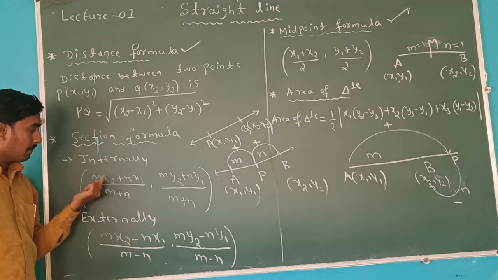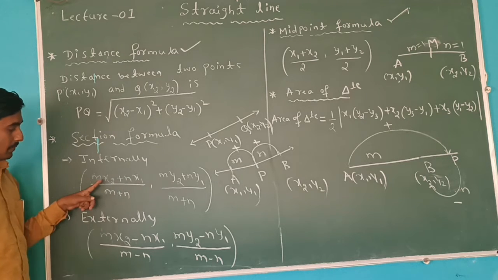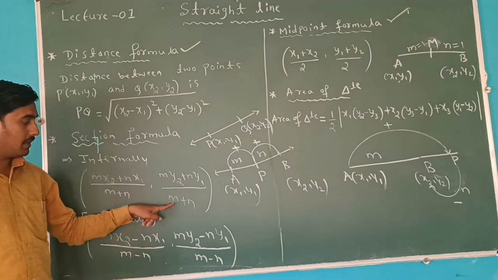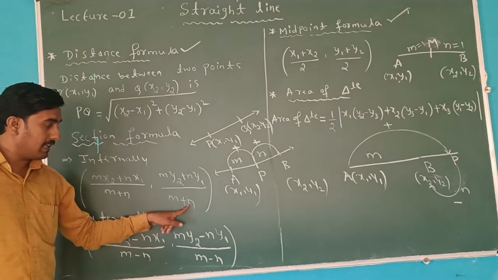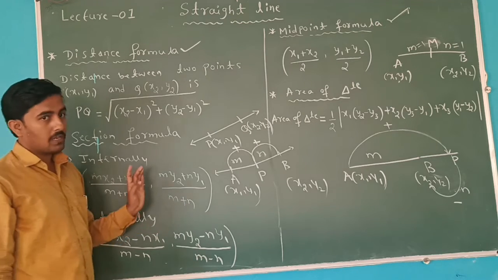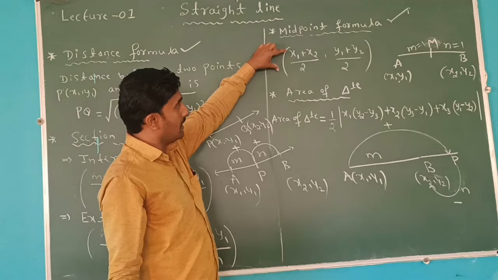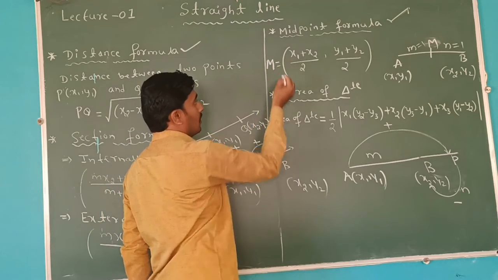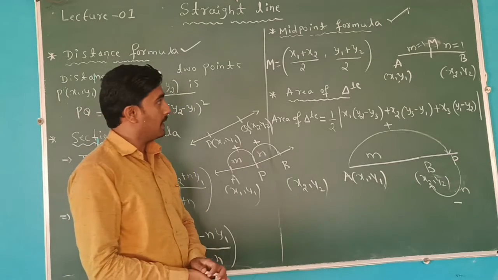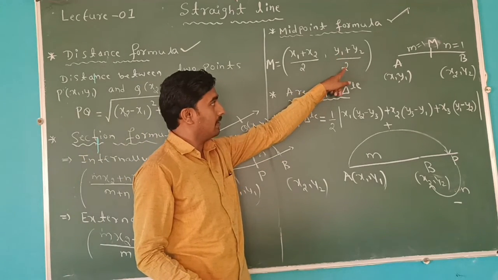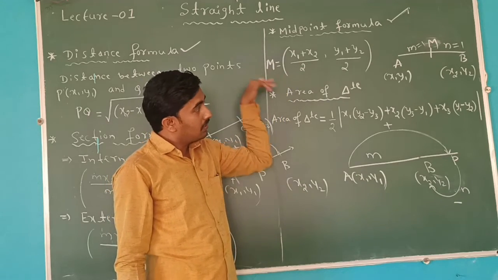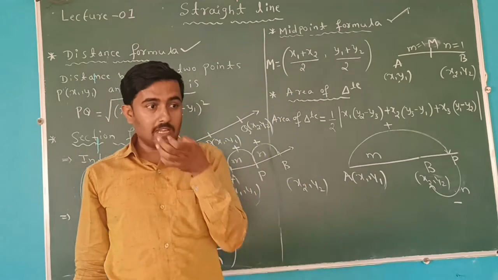So this becomes (x1 plus x2) divided by (1 plus 1), which is 2, and (y1 plus y2) divided by 2. Therefore the midpoint formula is given by M equal to ((x1 plus x2) divided by 2, comma (y1 plus y2) divided by 2). So this is the midpoint formula.